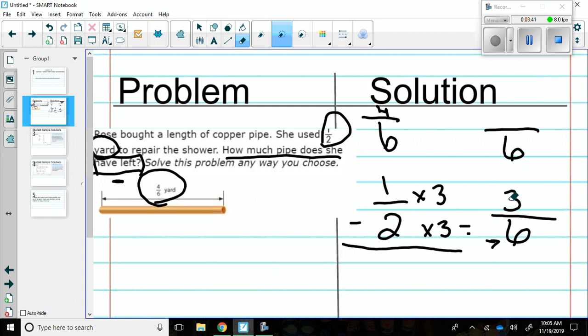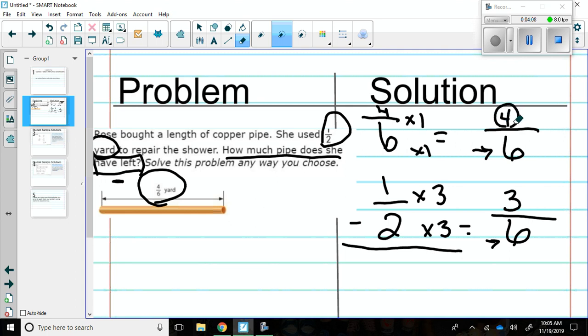So that tells me that 1/2 is equal to the fraction 3/6. Next, I do the same here. I know that 6 times 1 equals 6. And because I do it in my denominator, I have to do it in my numerator. 4 times 1 is 4. Now I can subtract.